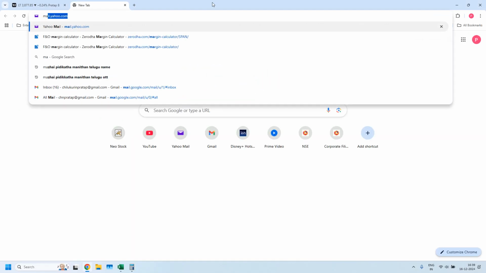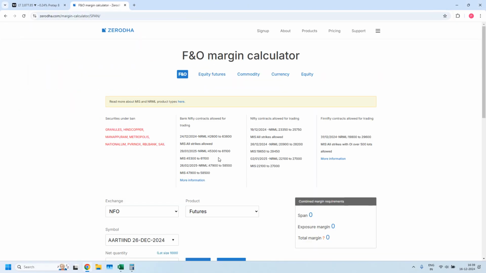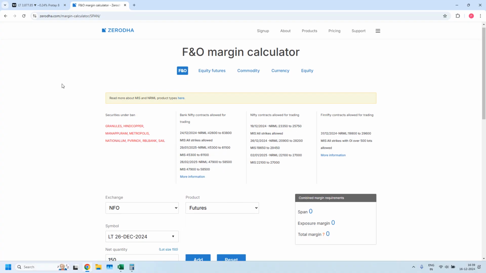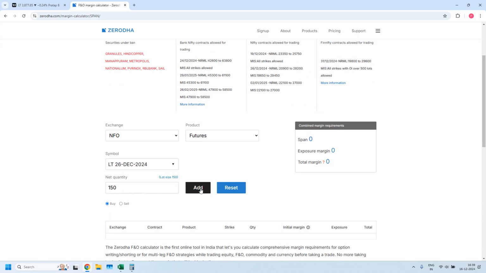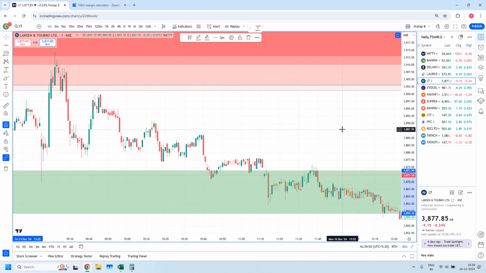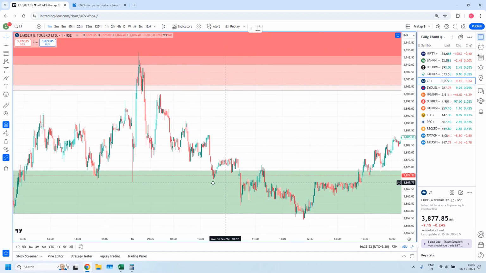Let me open the Zerodha margin calculator. Our stock is L&T, December futures. See, what is the lot size? 150. What is the futures cost? Around 1,03,000, maybe a little high, or wherever it closed. Based on that we can tell.